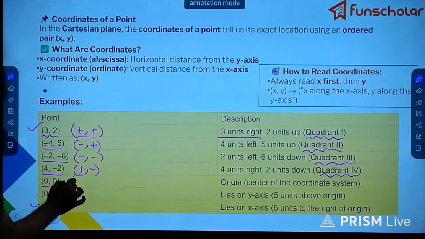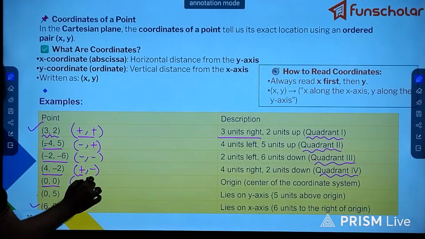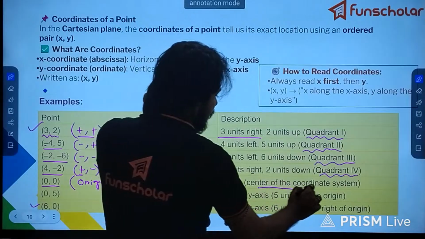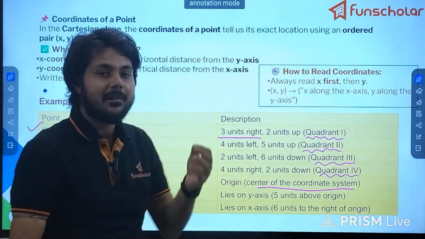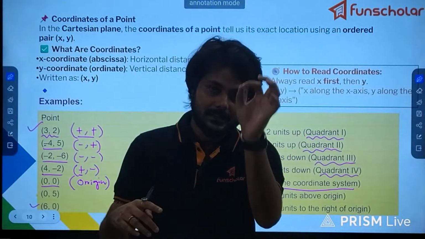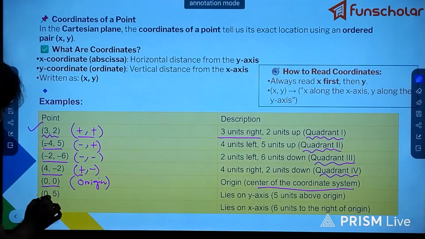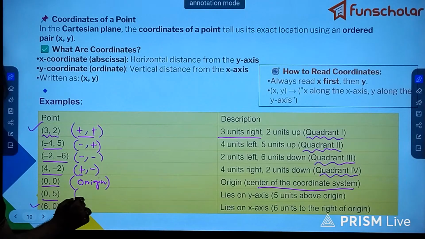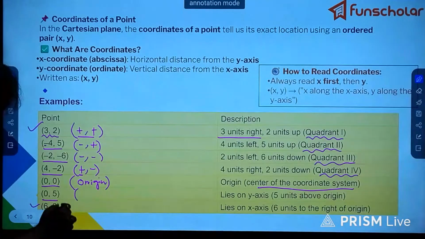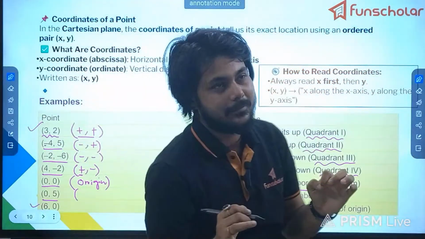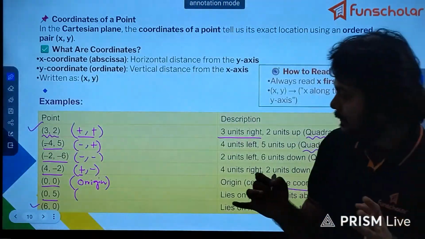0 comma 0, this is the origin, right? Yes, this is the origin, the center of the coordinate system, or the point of intersection of the x-axis and y-axis. 0 comma 5. Now this is an interesting case.